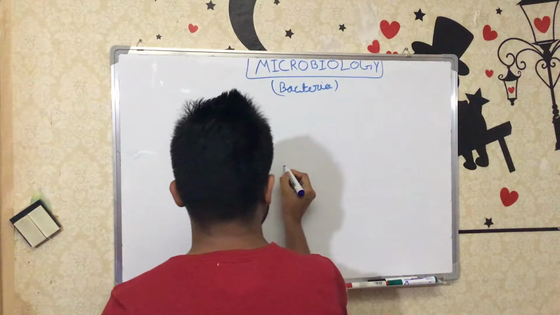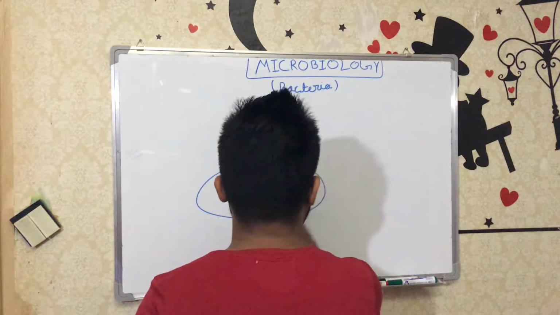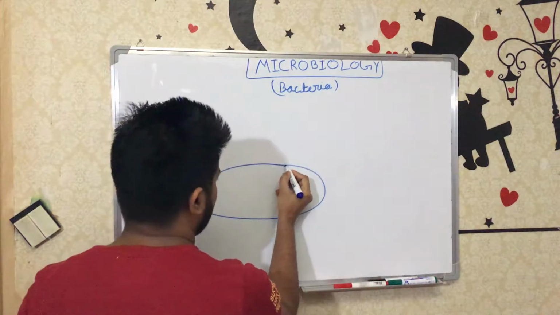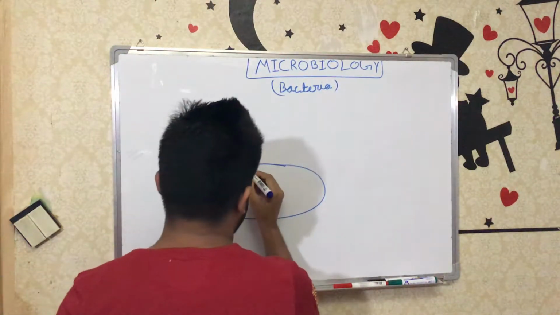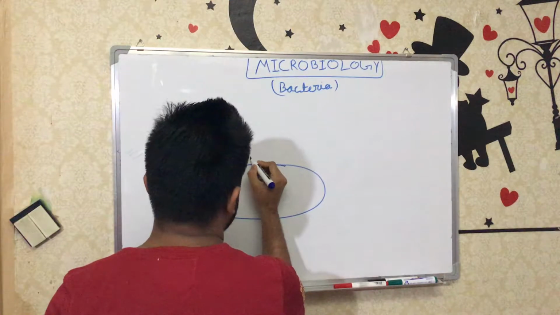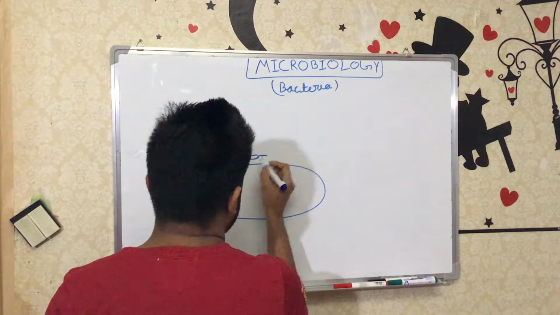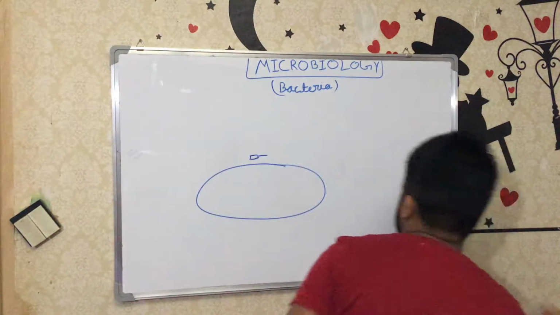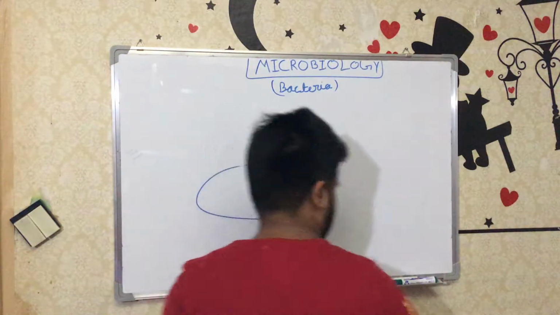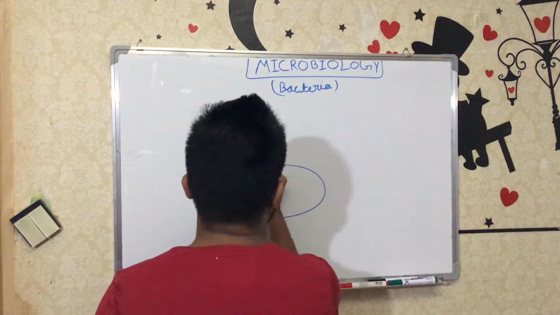For example, this is the bacteria, this is the bacterial cytoplasm, cell wall, plasma membrane, and outside of the bacteria, this is the layer.